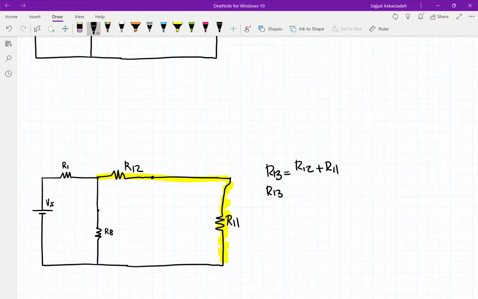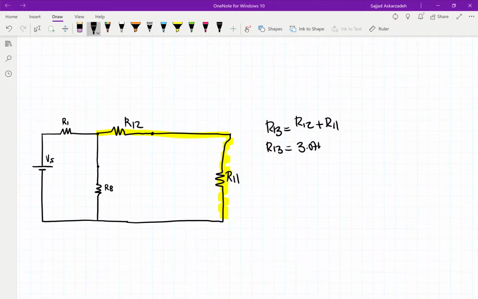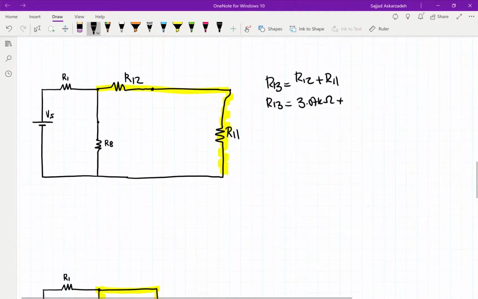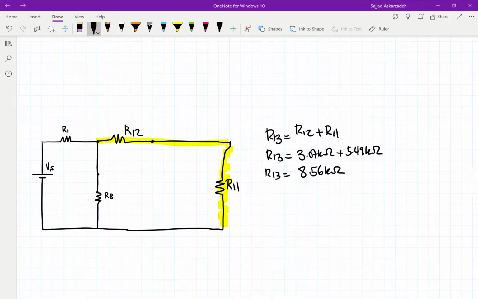R12 we calculated in the previous step, which is 3.07 kiloohms, and R11 is 5.49 kiloohms. If we add those two together, we get 8.56 kiloohms. And again, this is in series, so the current for R13 is exactly the same as the current for R12 and R11. So these currents are all the same.